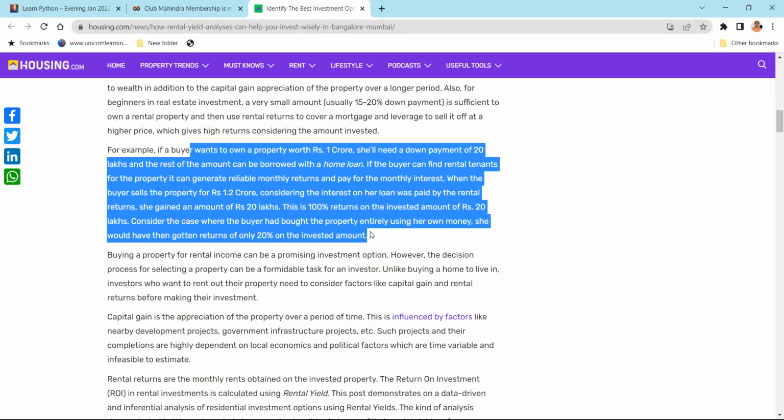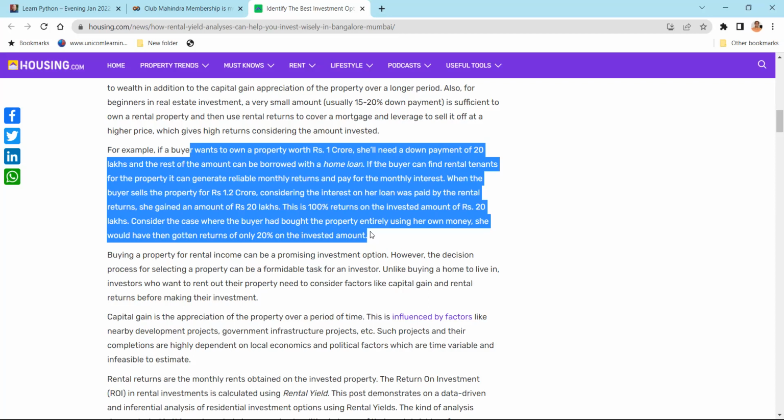They are talking about something called rental yield. Rental yield is the rental value of a house. So let's say if you have 1 crore to buy a house, should you buy in Mumbai or should you buy in Bangalore? Obviously, whichever gives you more rent, right? So rental yield talks about this.